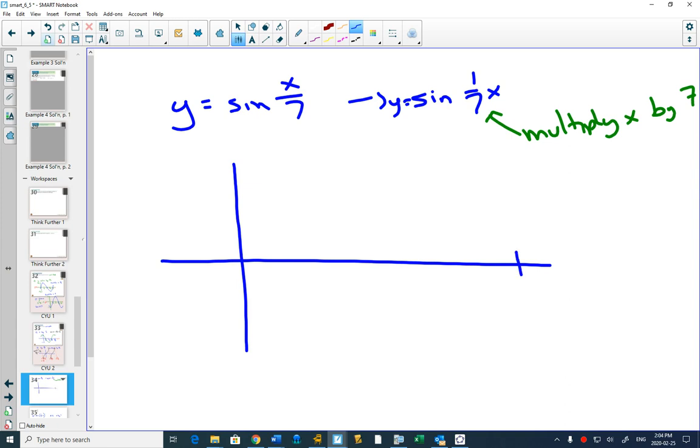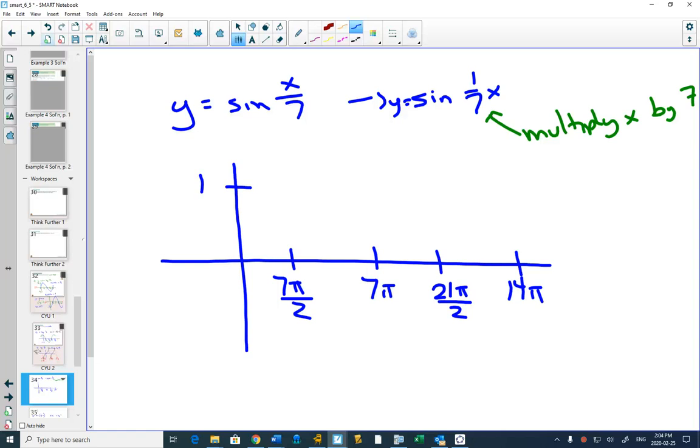Normal sine graph, you'd mark 2 pi and divide it into 4 equal sections. But if you're stretching it horizontally by 7, can you see that your 2 pi would change to 14 pi? Half of 14 pi would be 7 pi. Half of 7 pi would be 7 pi over 2. And then if you count 1 7 pi over 2, 2 7 pi over 2s, 3 7 pi over 2s would be 21 pi over 2 for your third one.